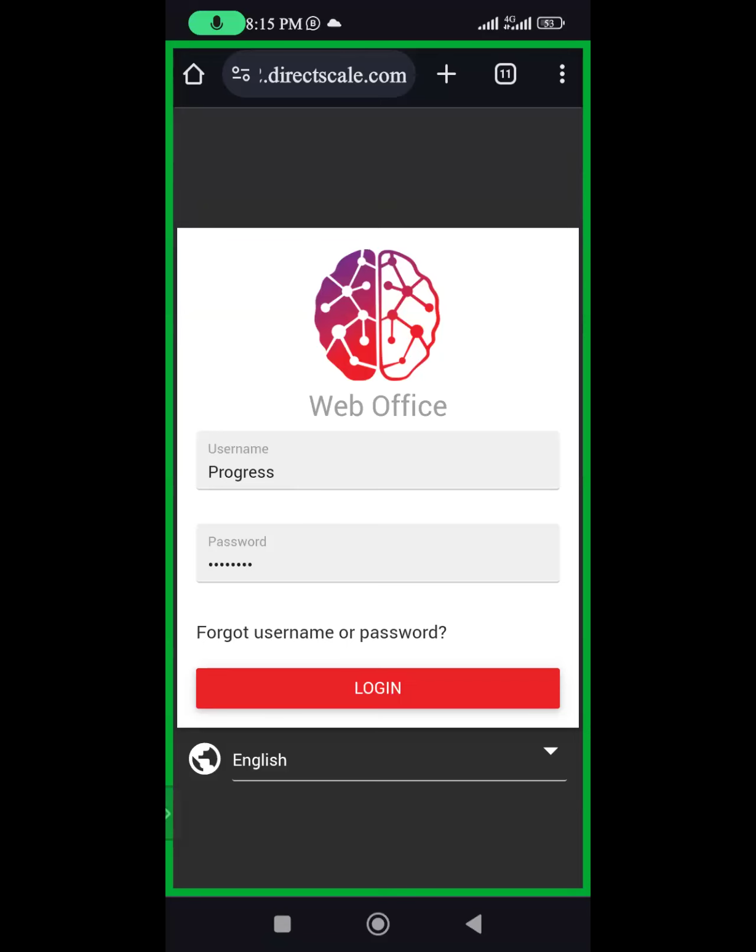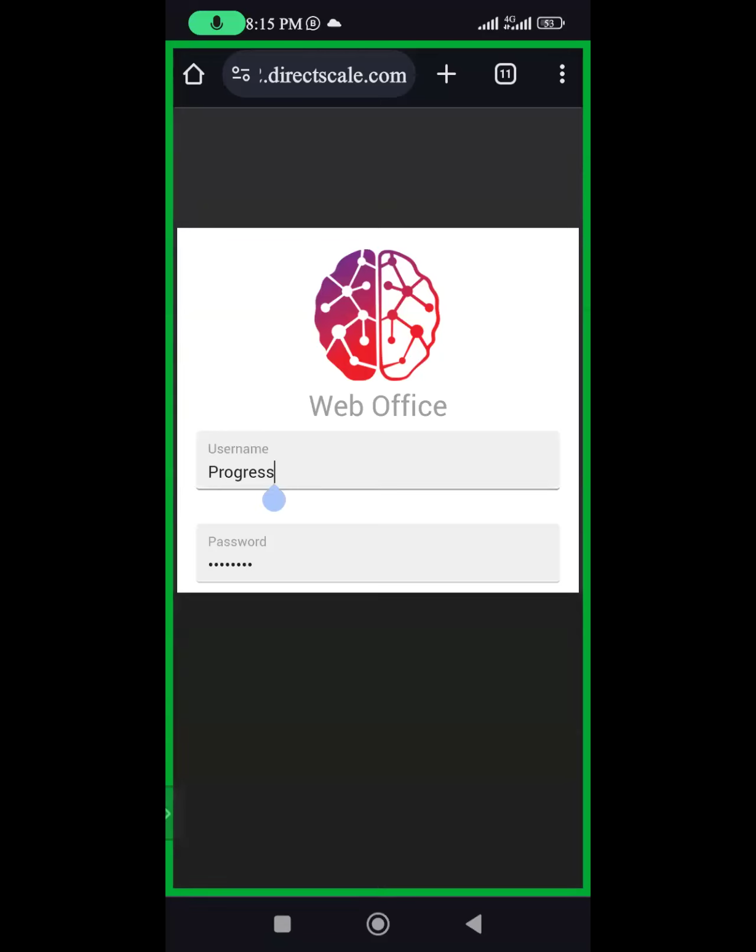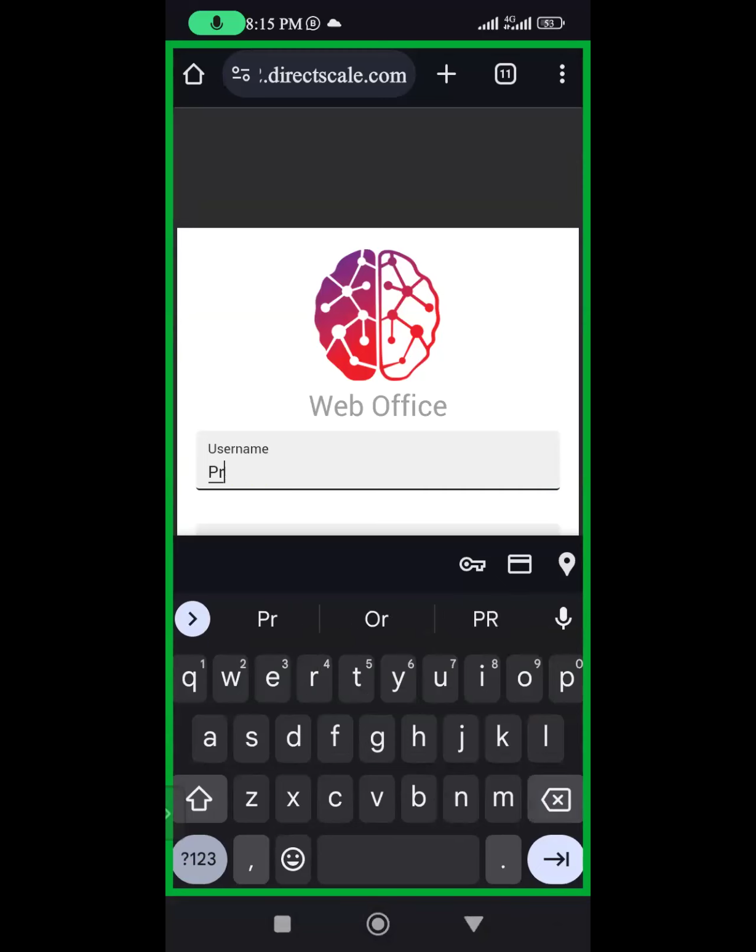Did you forget your password? You can use your email if you forgot your username.